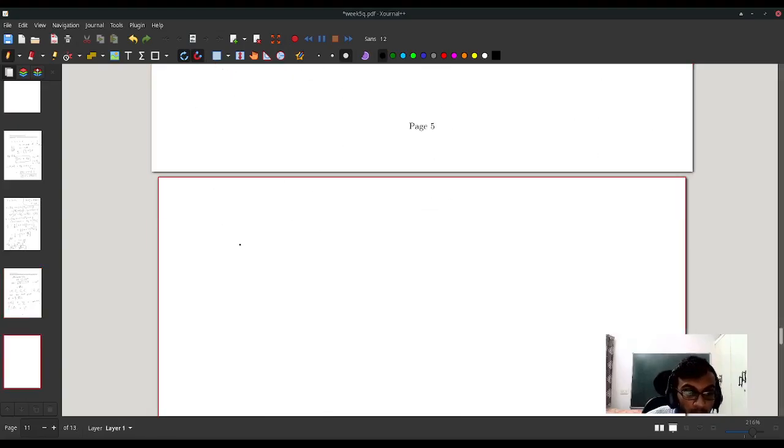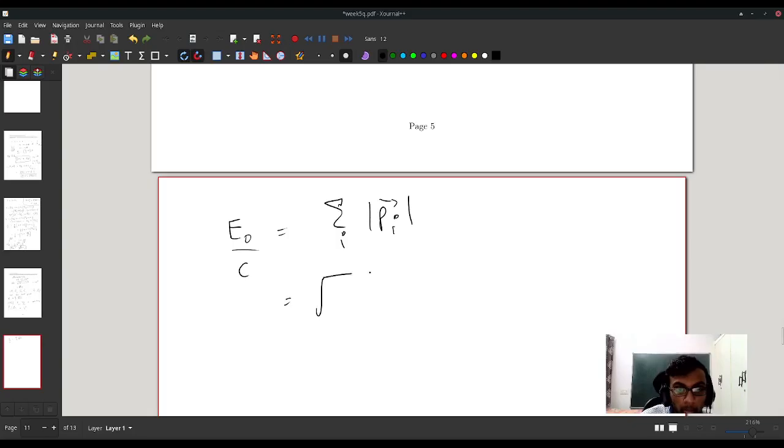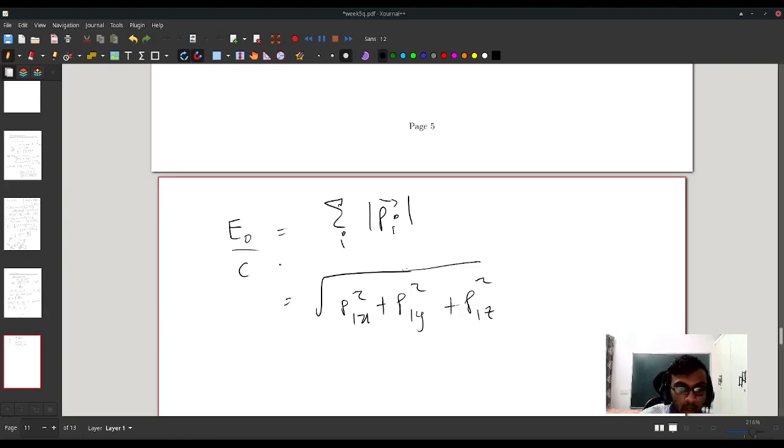So let us consider this equation: E naught by c is equal to the sum over i of mod pi bar, or rather sum over all such quantities.